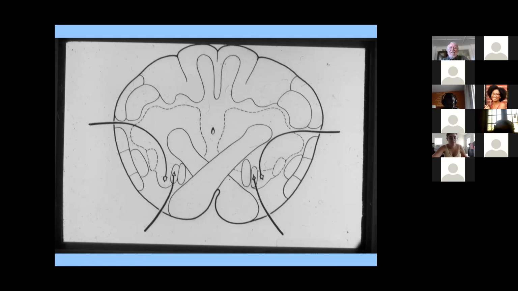And where is it sitting? It's sitting right in the trajectory of where the posterior spinocerebellar tract is. So this is where, again, we can use that wonderful word comprised of, that the inferior cerebellar peduncle is going to be comprised of, in part, the posterior spinocerebellar tract.